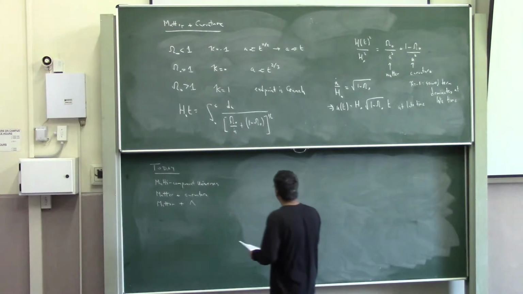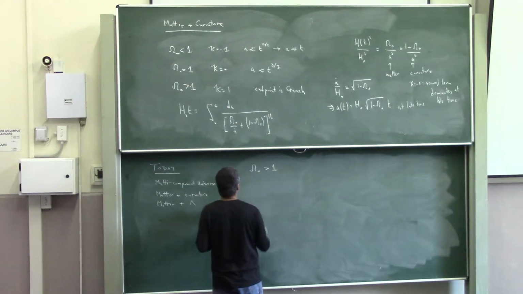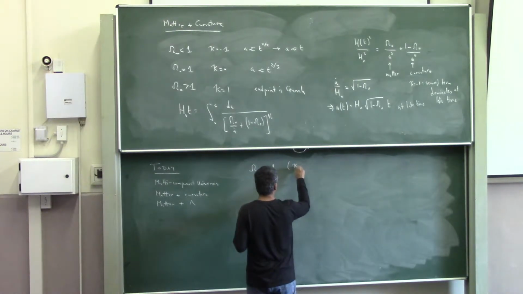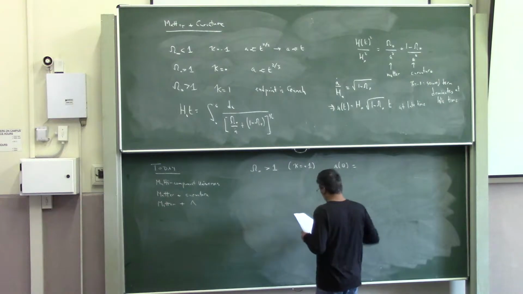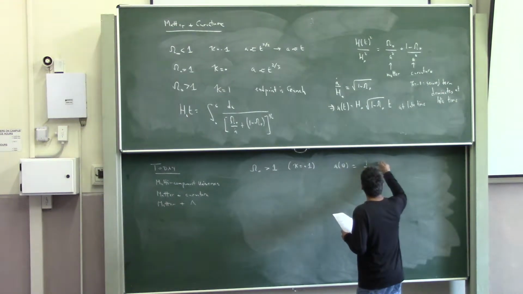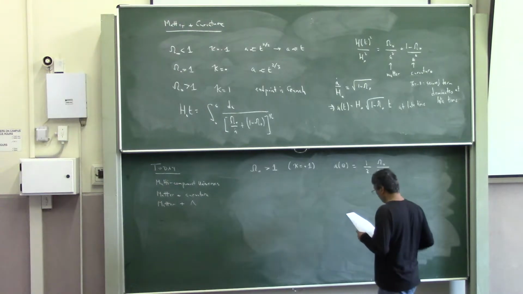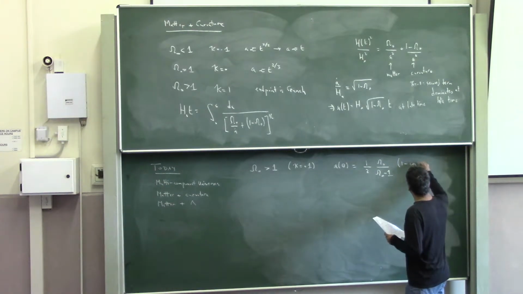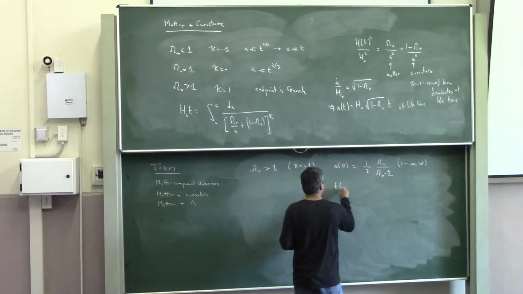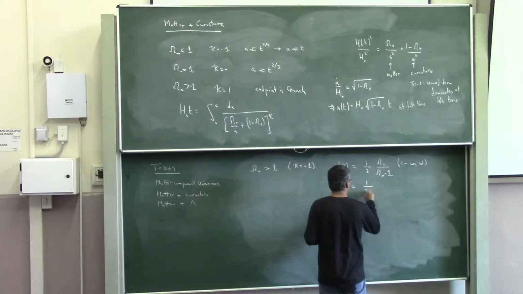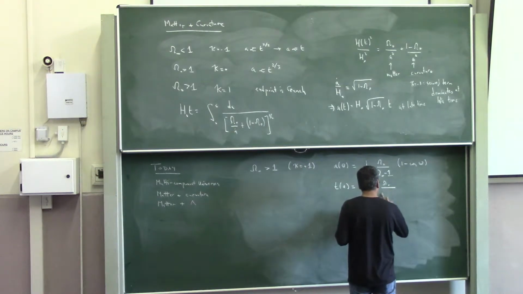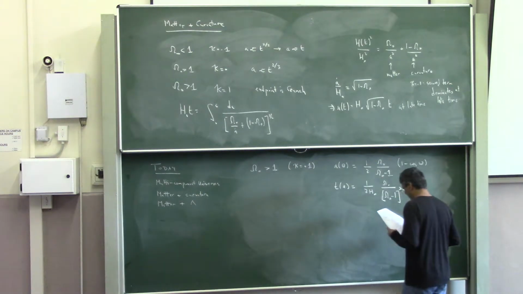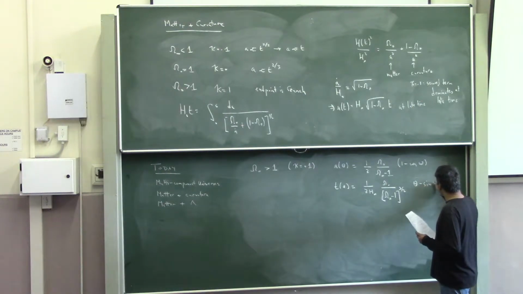The claim is that for omega 0 bigger than 1, in other words, corresponding to the case kappa equals +1, the solution is described parametrically as a of theta is 1/2 omega 0 over omega 0 minus 1, times 1 minus cosine theta, and t of theta is 1 over 2 H0, omega 0 over omega 0 minus 1 to the 3/2 power, times theta minus sine theta.